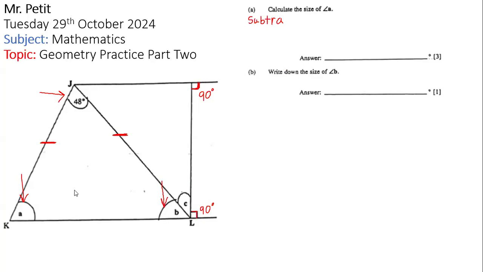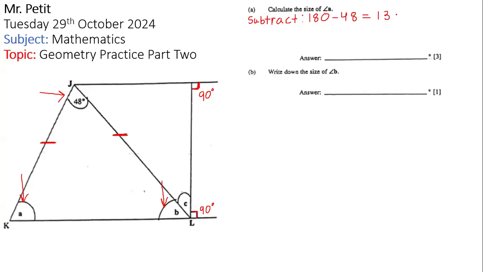So if we're trying to figure out what angle A is, we have to subtract 48 from 180. When we subtract, what do we get? 132. So 180 minus 48 is 132.